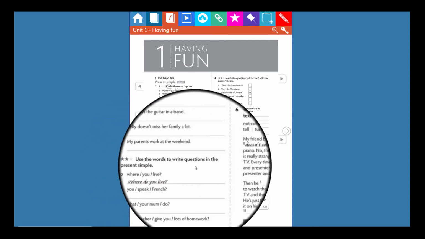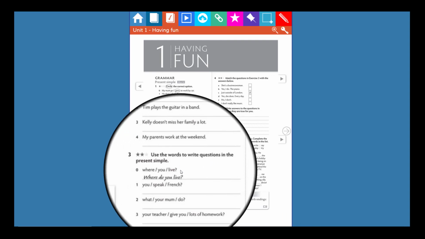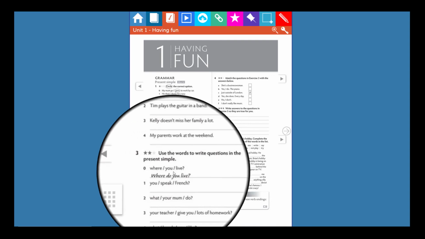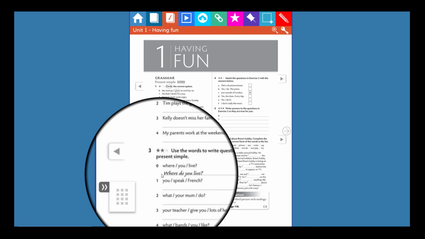Use the words to write questions in the present simple. So here we have different words and you have to use them to create questions in present simple. Number 0. Where you live. The correct answer is where do you live?